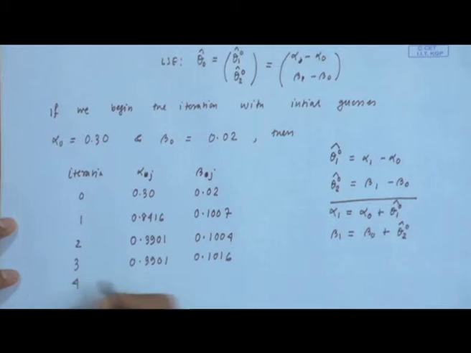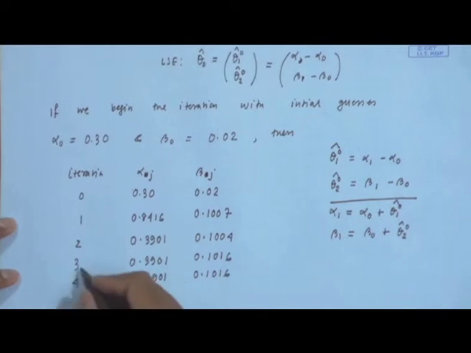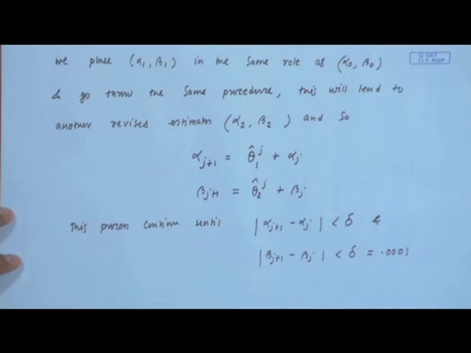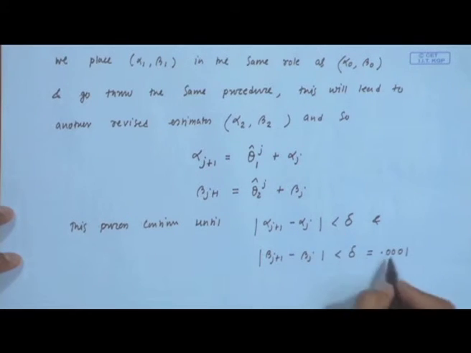In the fourth iteration you will see alpha is not changing: 0.3901 and 0.1016. So, at the fourth stage you see that there is no difference between the third and fourth step, and so alpha 4 minus alpha 3 is less than this quantity. Similarly, beta 4 minus beta 3, there is in fact no difference, it is 0. So, we can stop here.